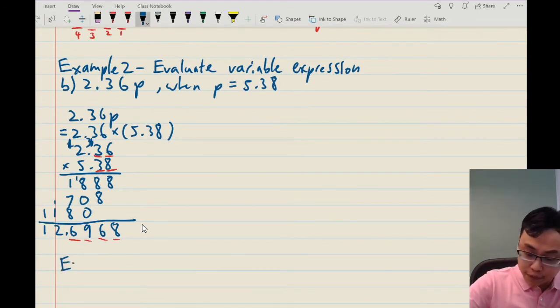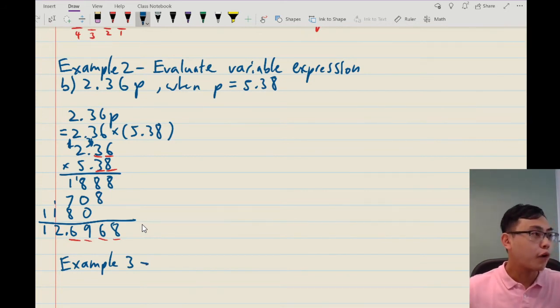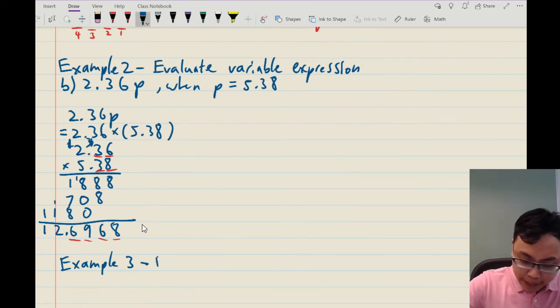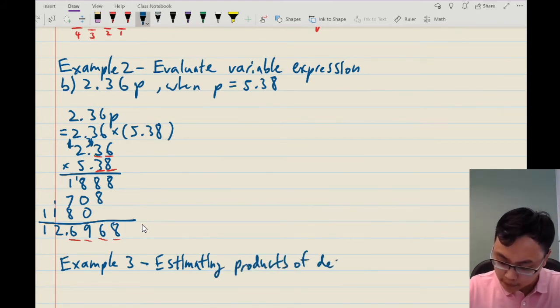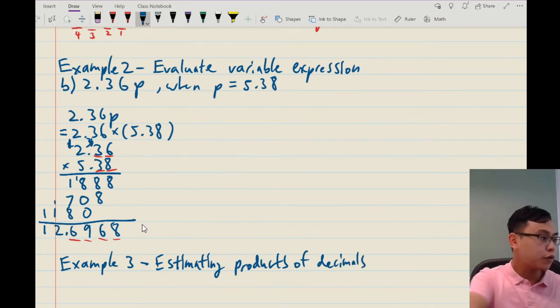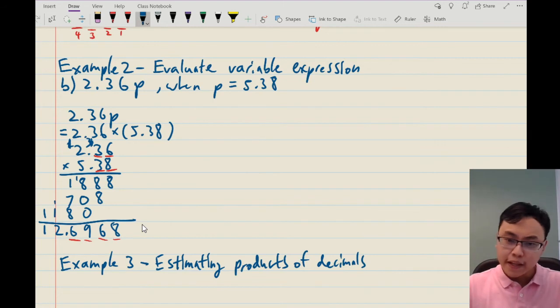We have 4 examples today, so please bear with me. Example 3 will be estimating products of decimals. And so this time our estimation would be a front digit estimation.